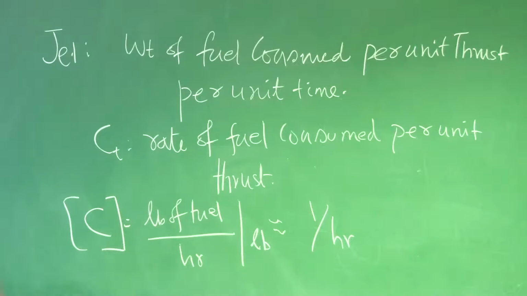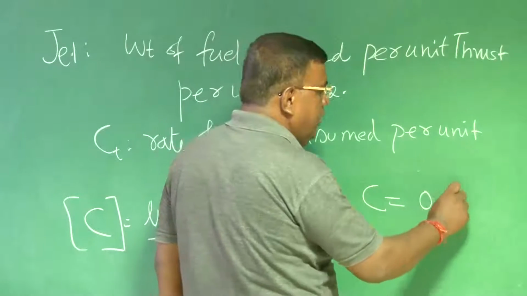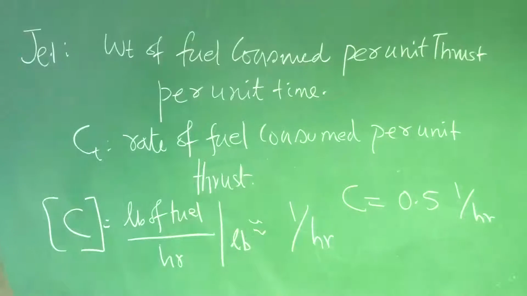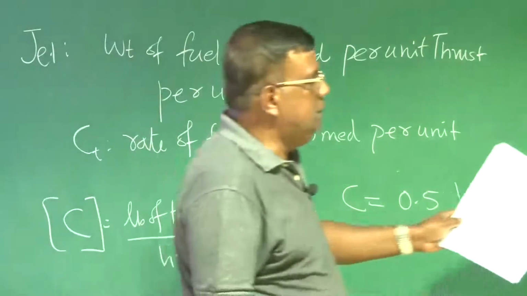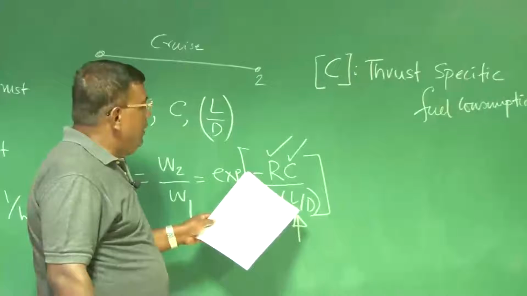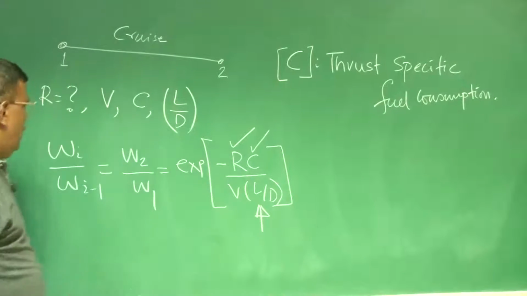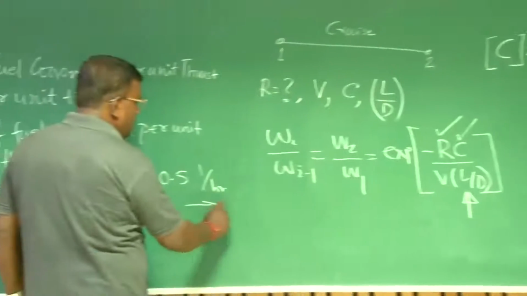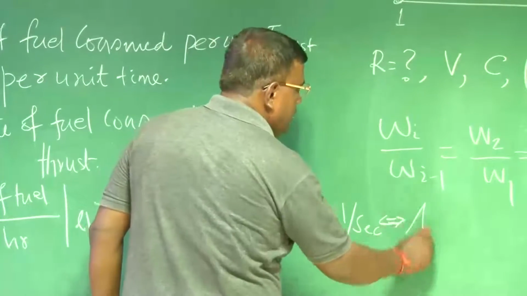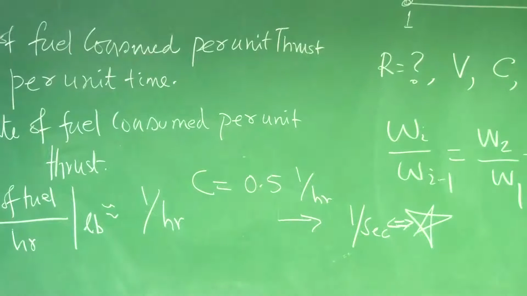For example, you will find the values of C for such cases may be given as 0.5 per hour. But when you want to use this formula, we have to be consistent in units. My examples are in FPS units, so C I should convert into per second. This is very important, and you will see while I solve the example, I will be using that.